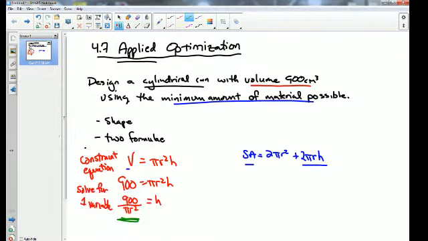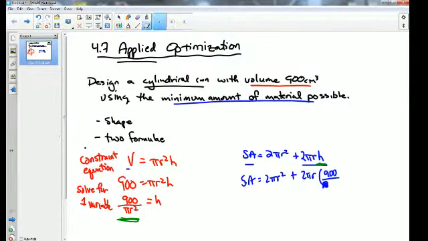So let's rewrite surface area. Nope, just erase it. Pi r squared. Okay.